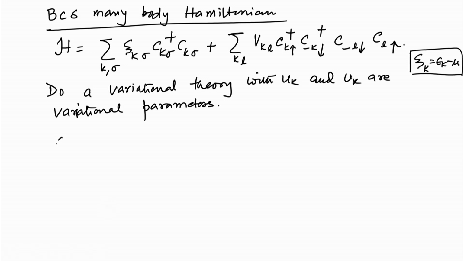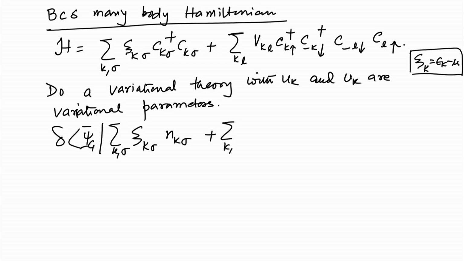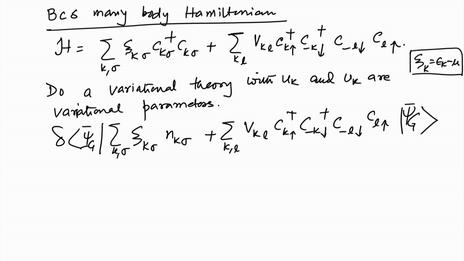So, what we have to do is take the expectation value of the Hamiltonian, sum over k sigma of xi_k n_k sigma plus sum over k l of V_kl c_k up dagger c_minus k down dagger c_minus l down c_l up, and take a variation of this and put this equal to 0.